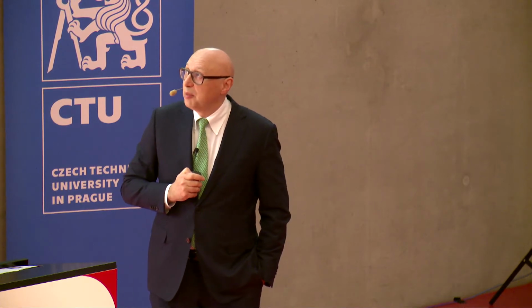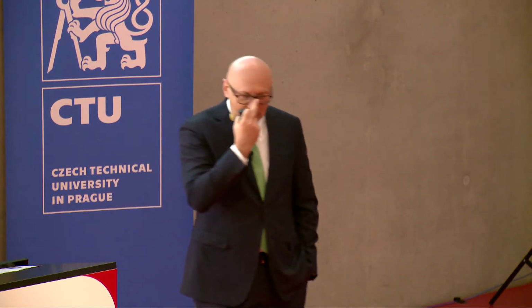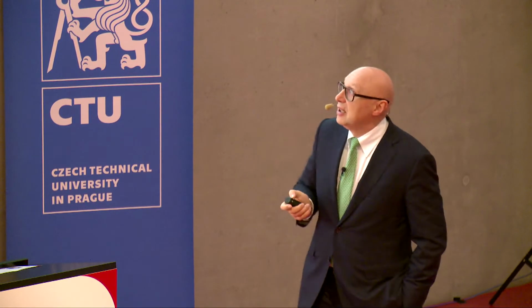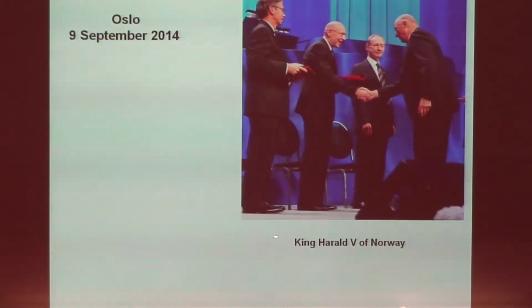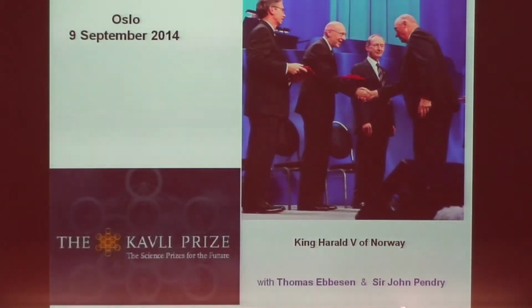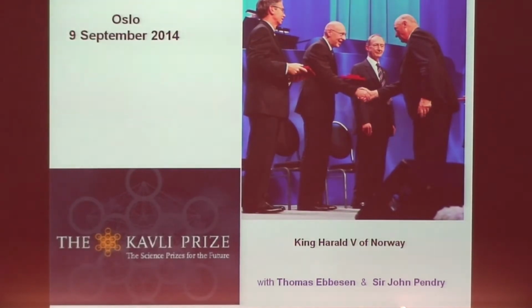Now, the consequences that it had for me personally were quite interesting ones, and if you will, pleasant ones. The first consequence was that I had the privilege of meeting Scandinavian kings, and the first king that I happened to meet was King Harald V of Norway, because the Academy in Norway established a prize about 10 years back for nanoscience called the Kavli Prize, and this is given out very similar to the Nobel Prize.